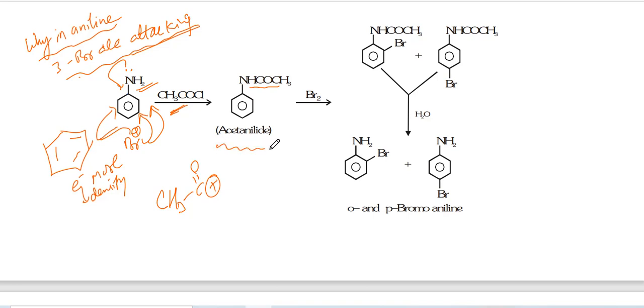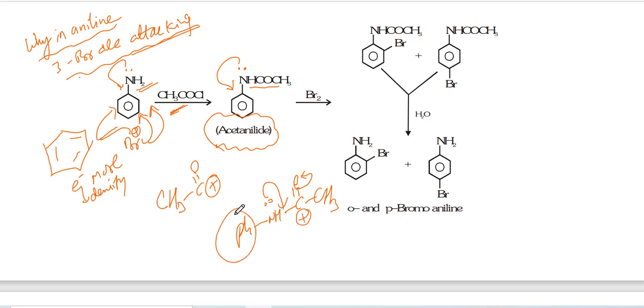This acetanilide is forming. Now here a lone pair is there. I am writing the structure here: the benzene ring, NH, C double bond O, CH3. It has a lone pair. This lone pair may also be given to the C double bond O, because the pi bond shifts to oxygen and this carbon gets a positive charge.